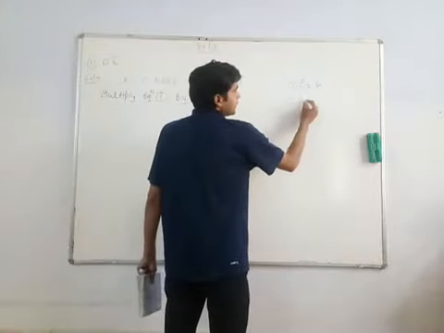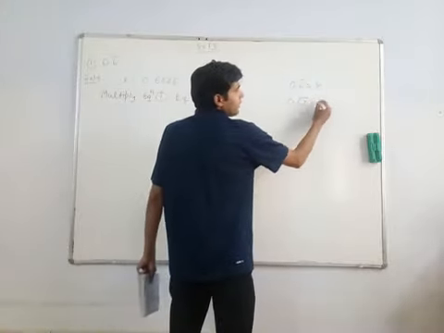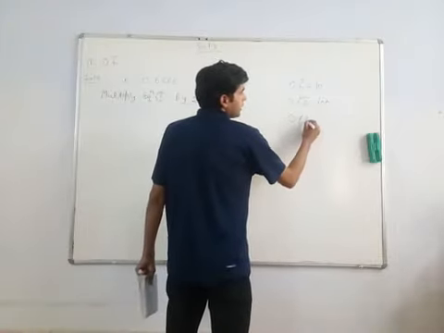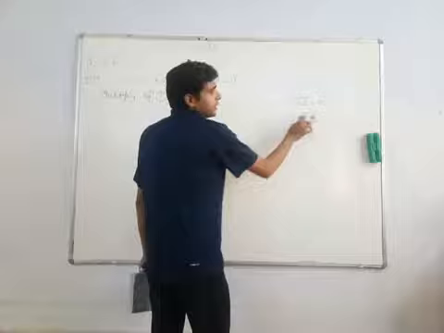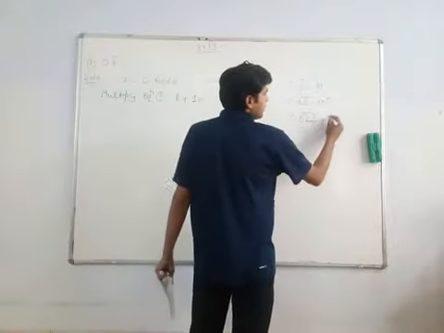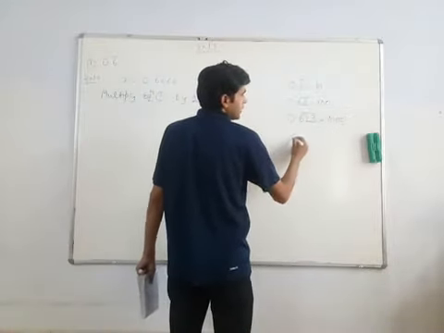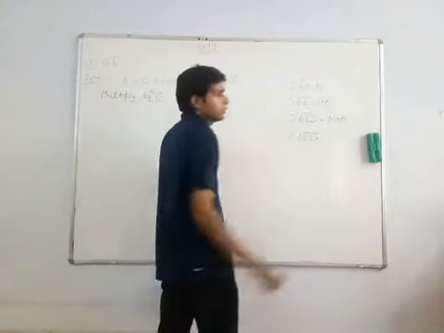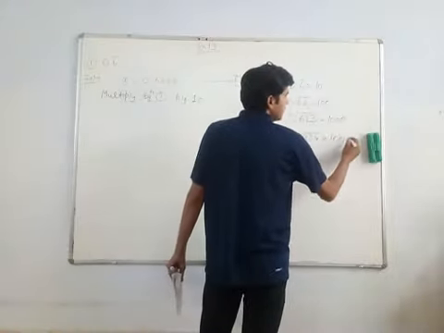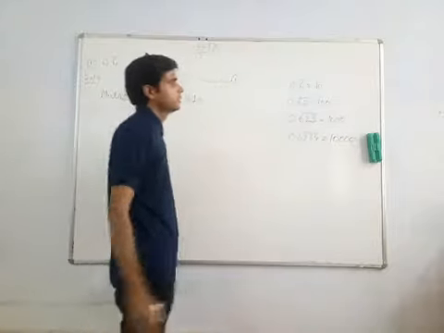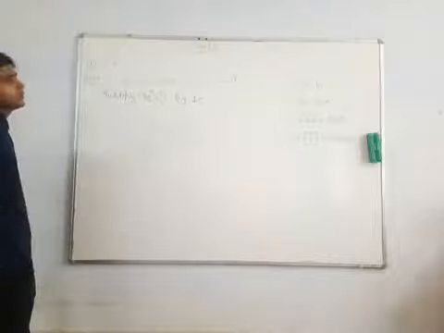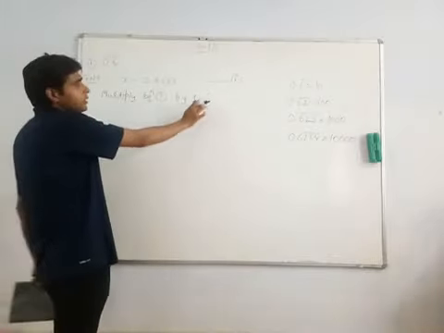If 2 digits, then multiply by 100. If the bar covers 3 digits, then multiply by 1000. If the bar covers 4 digits, you have to multiply by 10,000. So in this question only 1 digit has a bar, so you have to multiply the equation by 10.